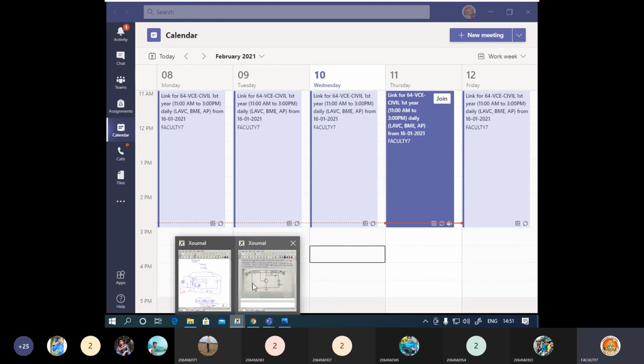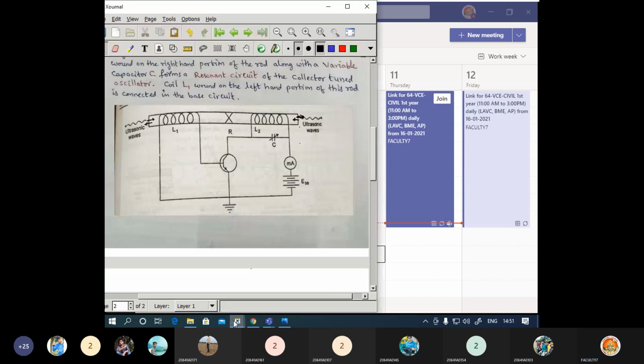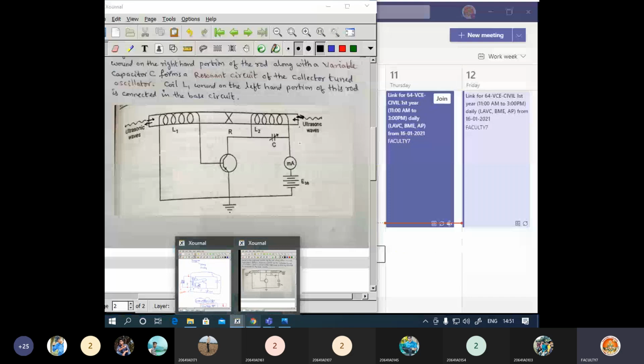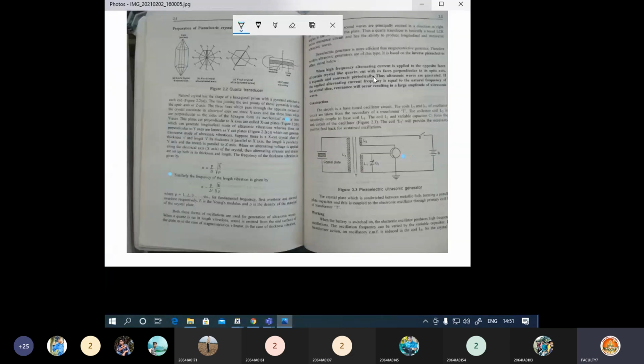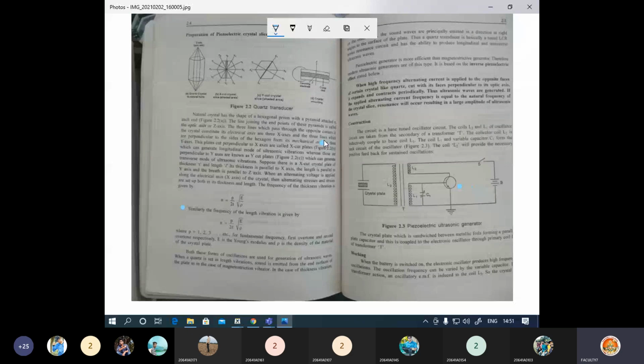Any doubts regarding this concept? If you want, you can take a screenshot of this. I will enlarge this. I'm going to utilize this material, and this is the concept I'm going to write in the text also.